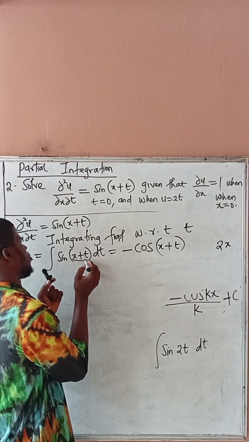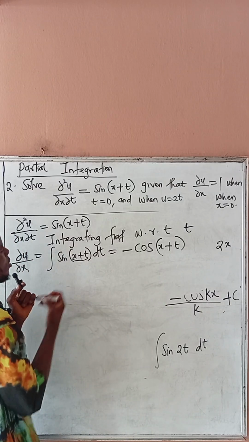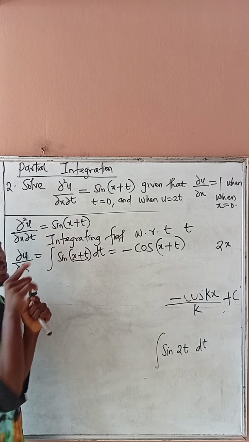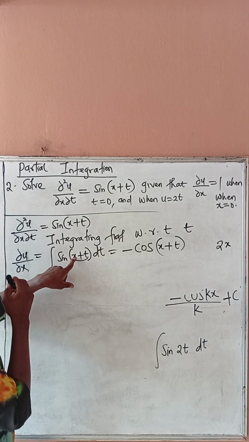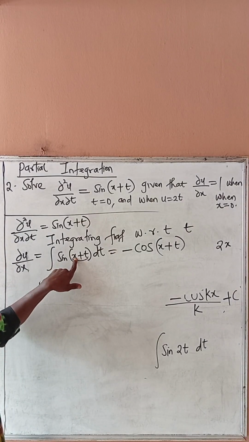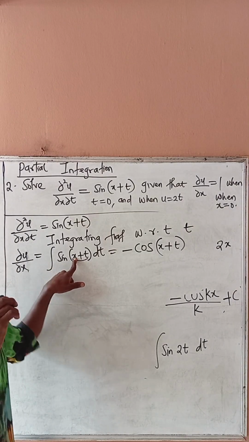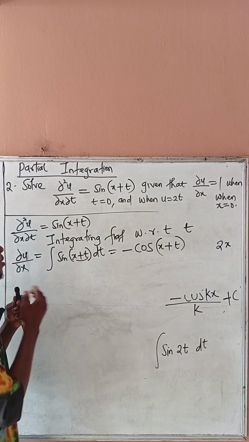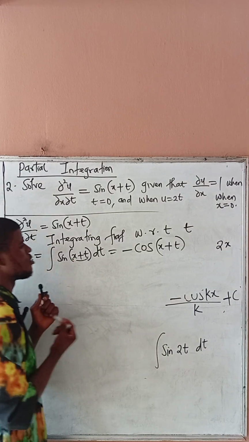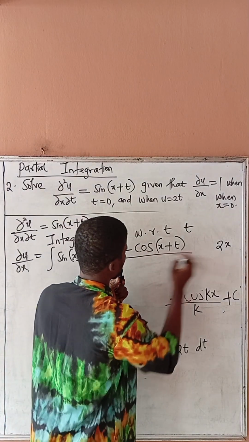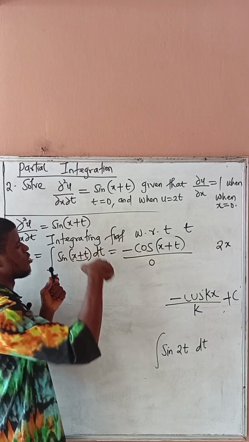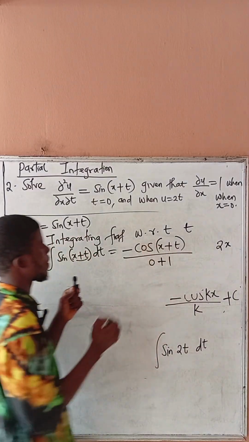Differentiate what is here with respect to t. Since x is not t, it means that it is the variable considered as a constant. You get what I'm saying? So we are considering x as a constant. Differentiate the constant to get 0, right? We're going to get 0. Differentiate t with respect to t, we're going to get 1.